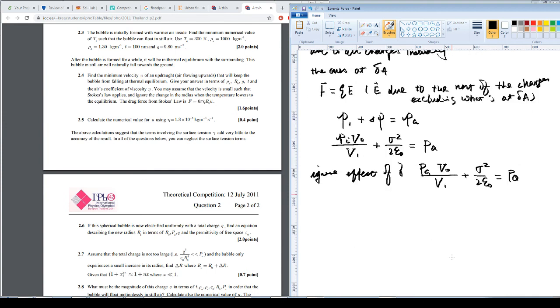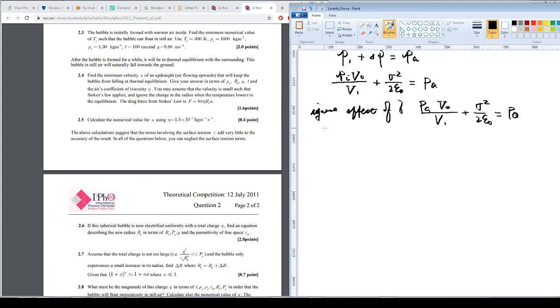Also, there's a common type of question. That is, if you have a parallel plate, and what's the force between them? What is the electric force acting on the parallel plate? Again, you already know the E is sigma over epsilon naught.